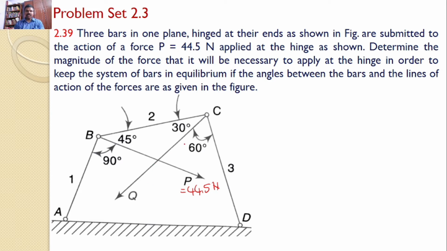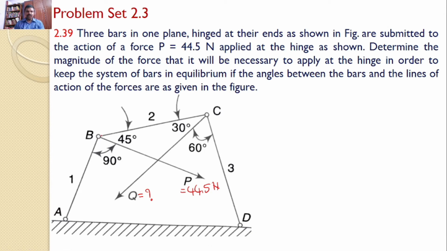Now we are supposed to find the value of Q which is applied at hinge C so that the total system is under equilibrium. In this problem, we need to analyze two hinges. One is B and another one is C. First, let us analyze hinge B.